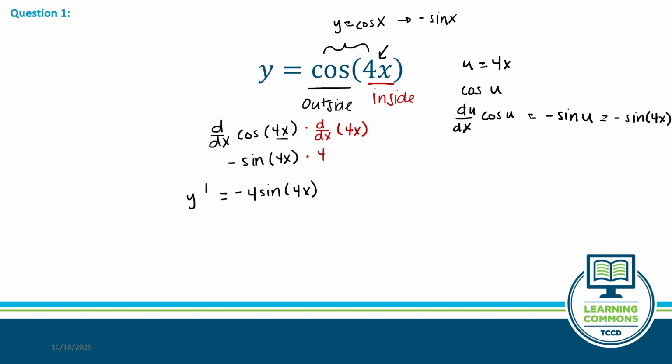And then I still have to derive u. The derivative of u again gets me the same 4, so negative 4 sine 4x. I promise that's a 4. My pen just doesn't like me.